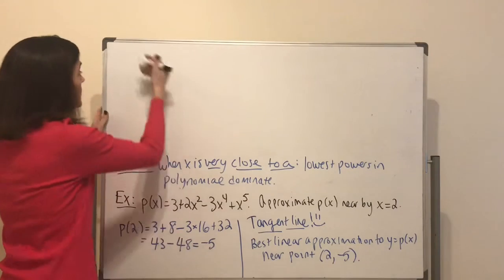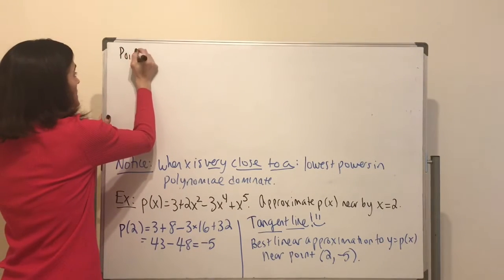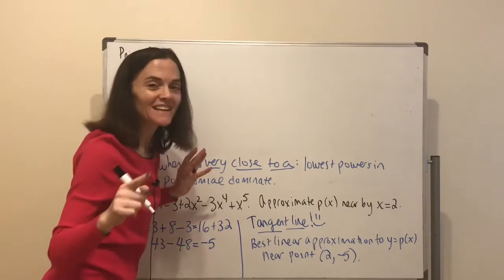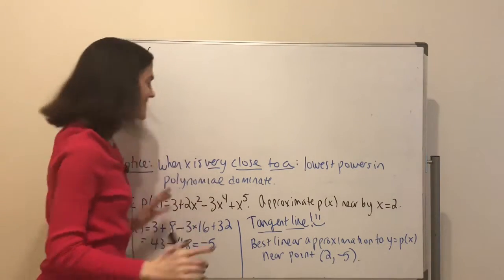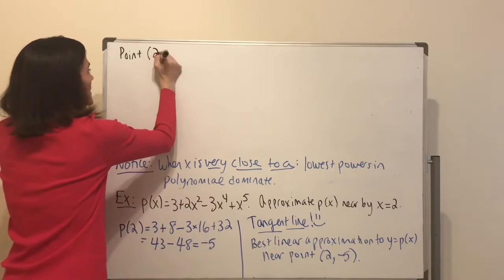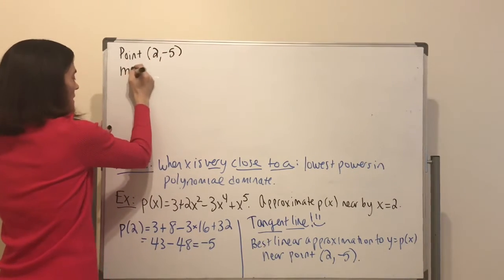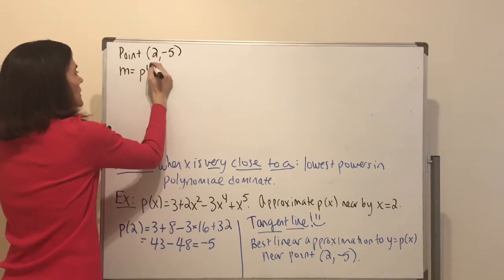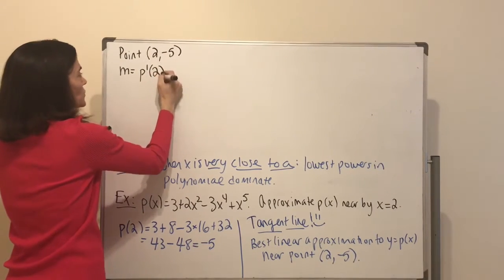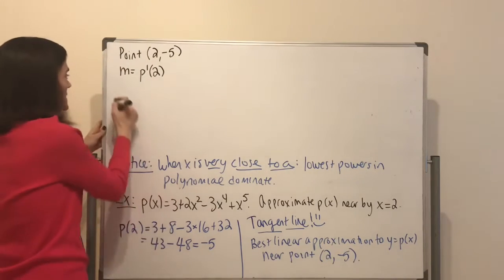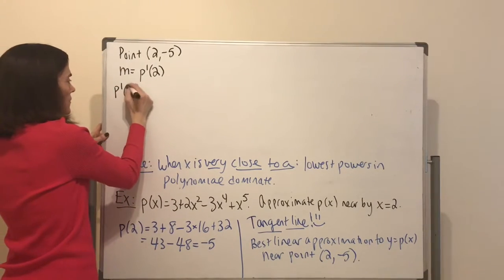Well, we have one point on the line. For every line, we need a point and a slope. Then we can get an equation of the line. Our point is 2 comma minus 5. I know the slope will be the derivative evaluated at 2. Then I can get an equation. So let's take the derivative.